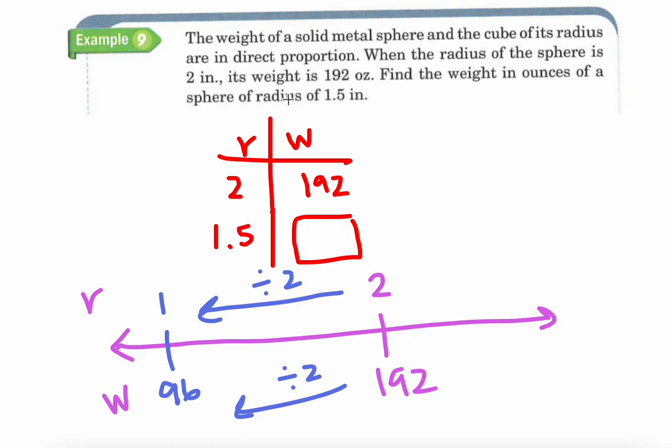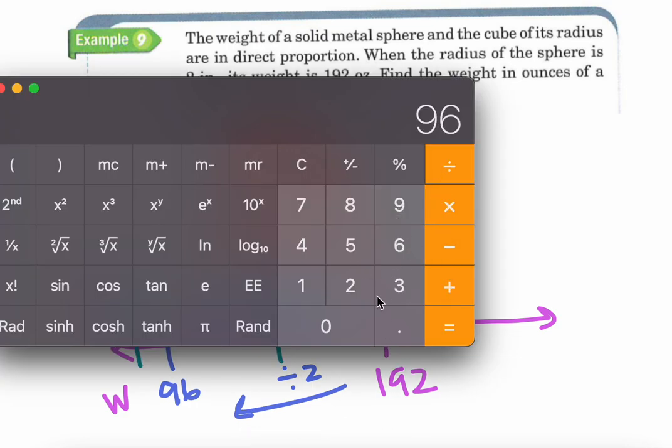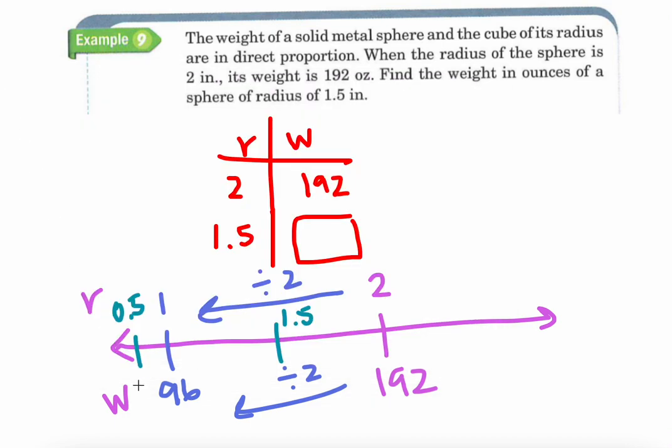I need to figure out the weight for 1.5 radius. Okay, so if I want to do 1.5, I would have to take 1 and multiply by what to get to 1.5? Well, it also would just be halfway there, right? So I could figure out what half of this is. Half of 96 is 48.